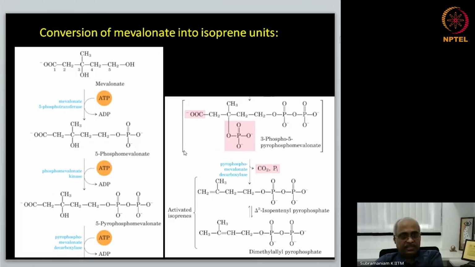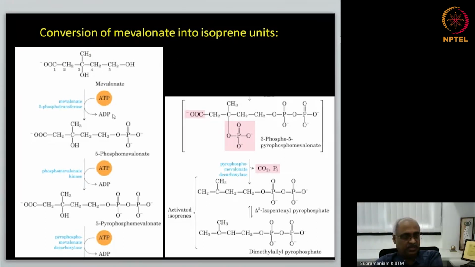So the next is the activation of mevalonic acid to form the active isoprene units, these isopentenyl groups. That is the second step, shown in this cartoon. Here you have this mevalonic acid. Then you have a phosphorylation by mevalonate 5-phosphotransferase.